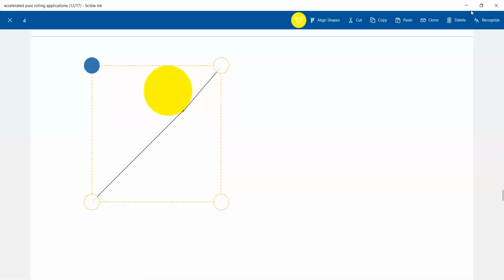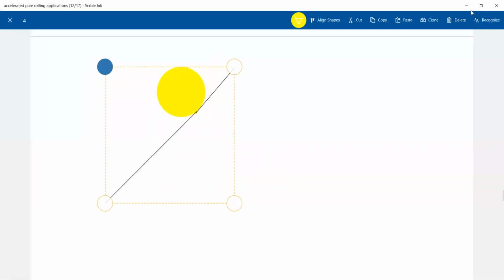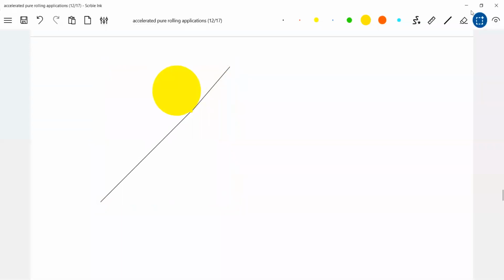Again, there's a basic fundamental theory. Once you get this, you can manage all the numericals related to this one.